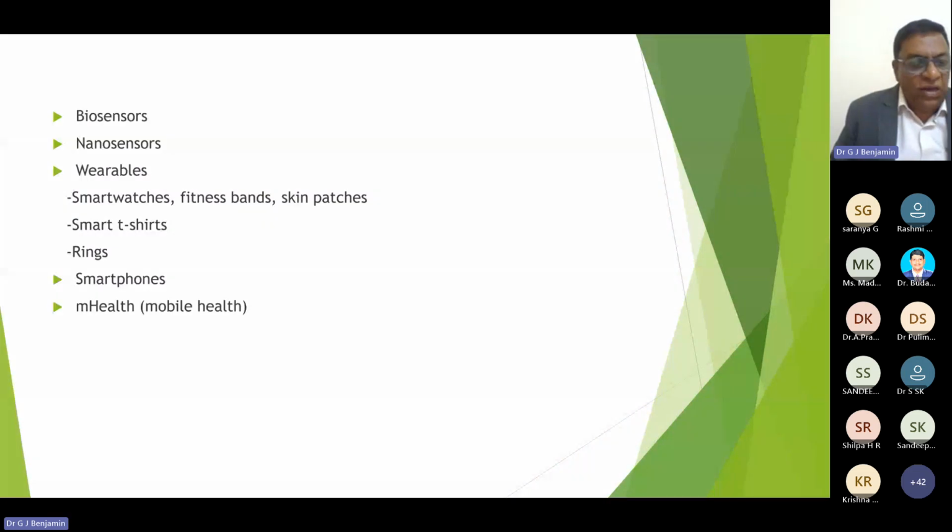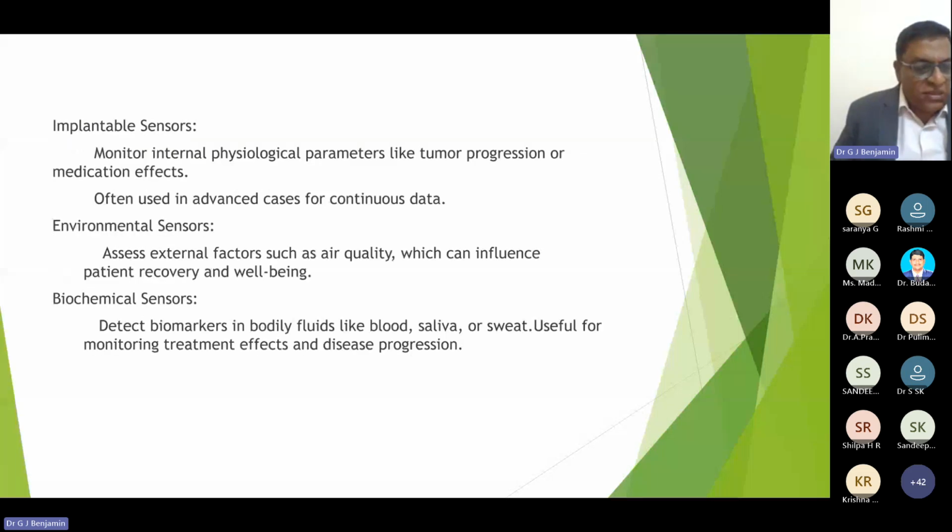Now, what are the various smart sensor technologies? One is biosensors, nanosensors, the wearables like smartwatch, fitness band, skin patches, smart t-shirts, rings, smartphones, mobile health, and the other ones are implantable sensors, environmental sensors, and biochemical sensors.